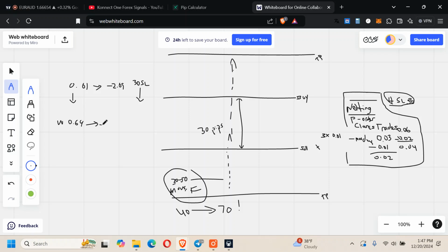Then this one went to 70 TP. So the minus 0.1, 0.2, 0.4, etc. So it'd be minus 4.17 roughly, minus 8.34.